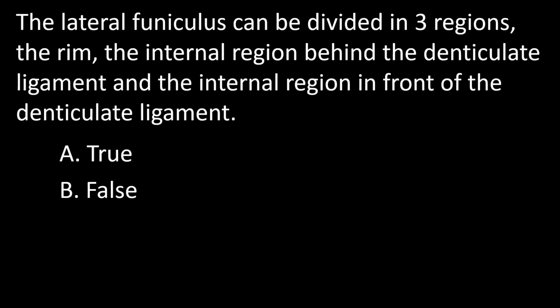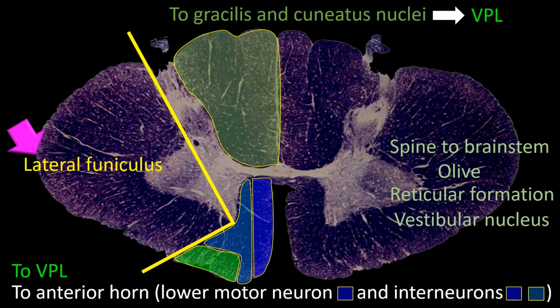Next question. The lateral funiculus can be divided in three regions: the rim, the internal region behind the denticulate ligament, and the internal region in front of the denticulate ligament. A true, B false. The lateral funiculus has descending and ascending tracts.